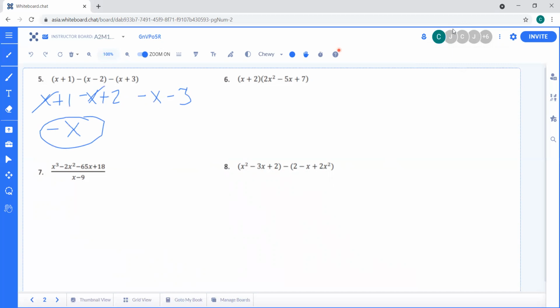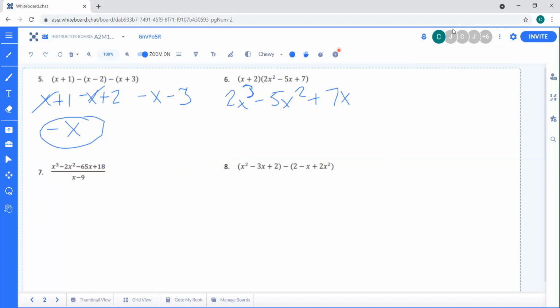Number 6, we have a binomial times a trinomial. So we're going to do distributive property. And we're going to end up with 2x cubed minus 5x squared, I'm sorry, plus 7x. Now distribute the 2.